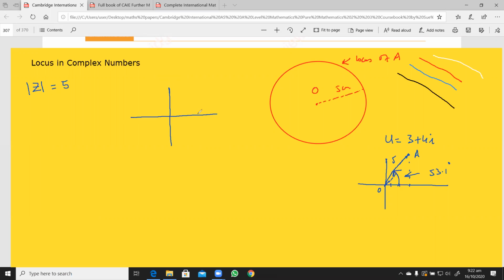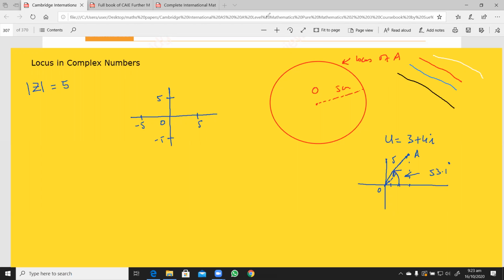It might be over here because its length from the origin is 5. That complex number might be over here, because again this length is 5 from the origin. This can be over here as well, and this can also be over here. There are many, many possibilities. It can be 3, 4, it can be 3, minus 4, or 4, 3. Whichever complex number we have with modulus 5 can be representing this situation, that is, modulus z equal to 5.